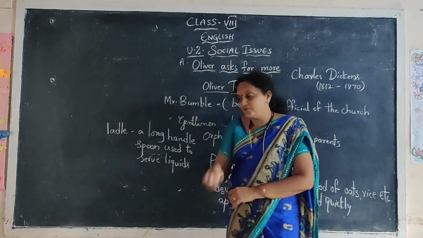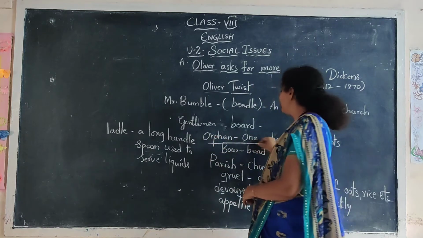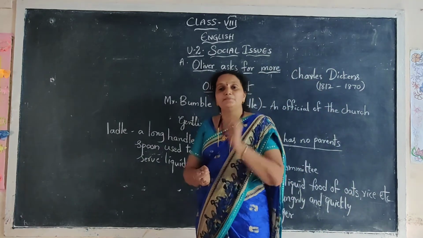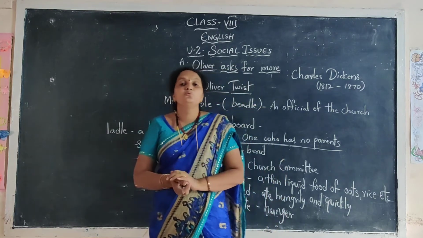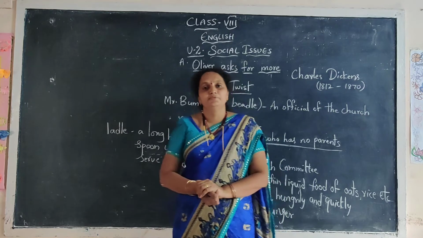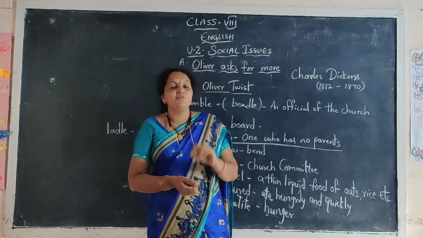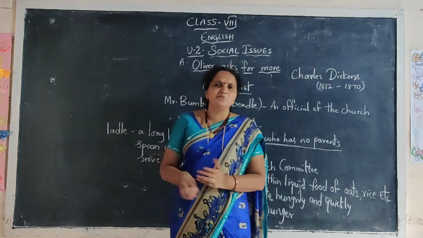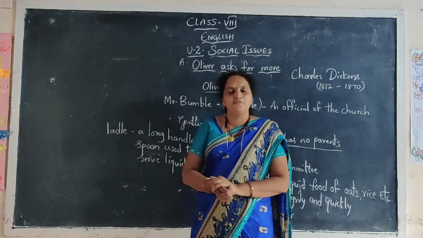Orphan means a boy or girl, a child who has no parents. So Oliver did not know the meaning of the word orphan.